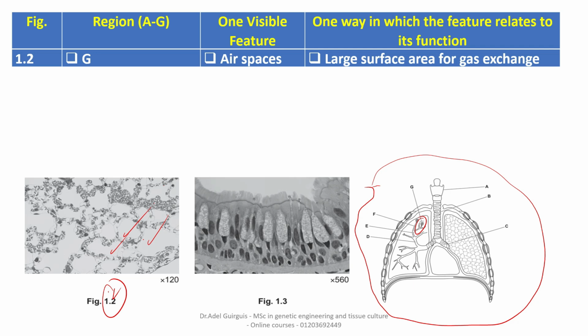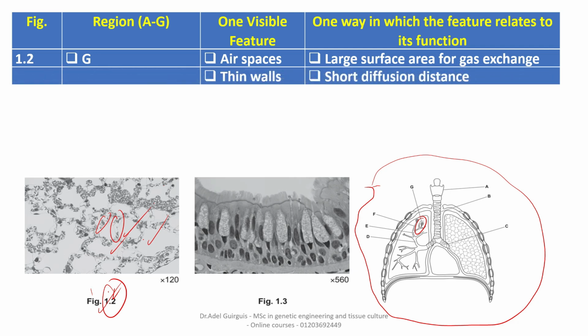A lot of air spaces create a large surface area for gas exchange. Also, we note that in figure 1.2, alveoli are characterized by thin walls. Why? Thin walls create a short diffusion distance and also increase the diffusion rate.